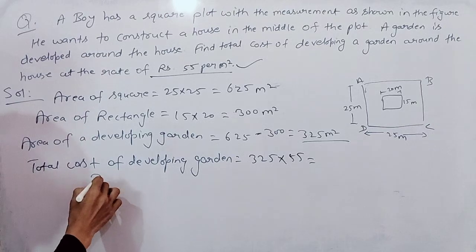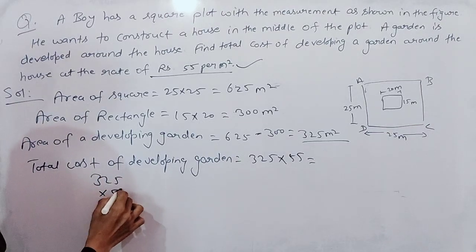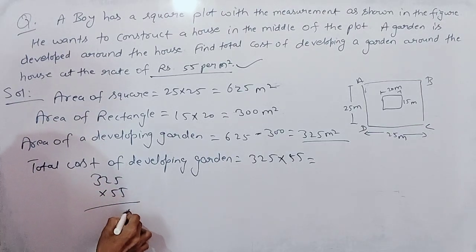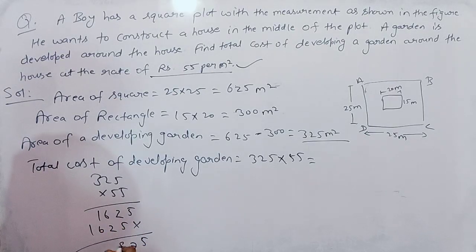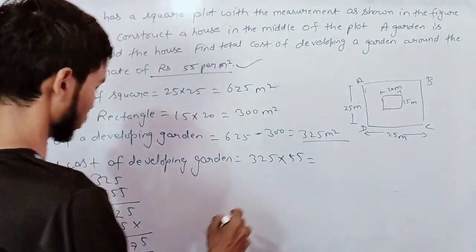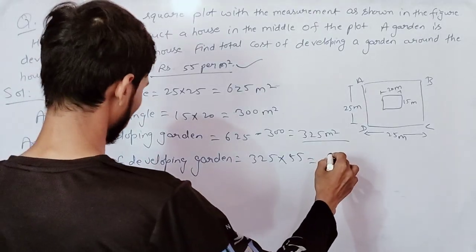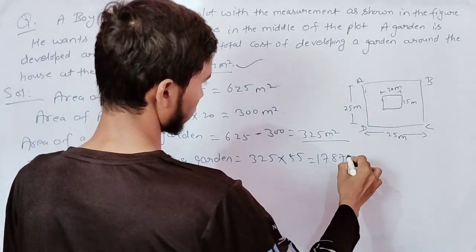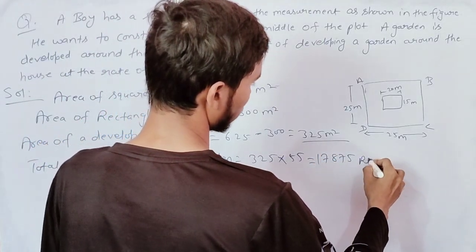Now 325 multiplied by 55. 5 fives are 25, and so on, and we get 17,875. This is the total in rupees: 17,875 rupees.